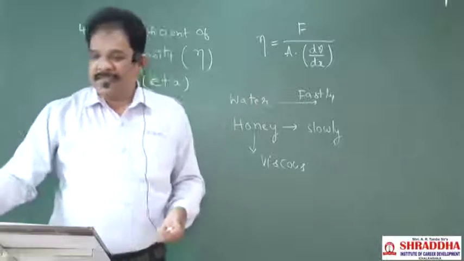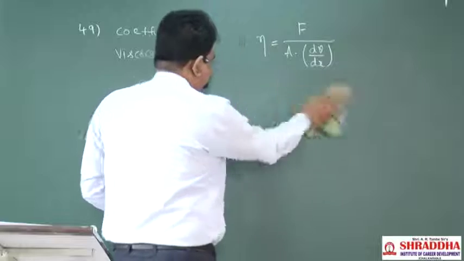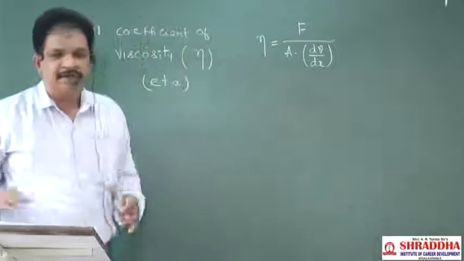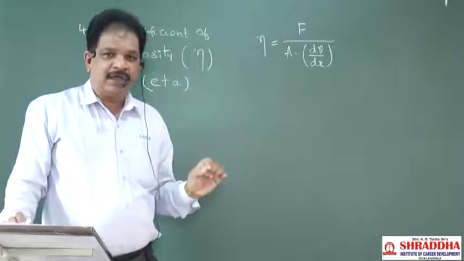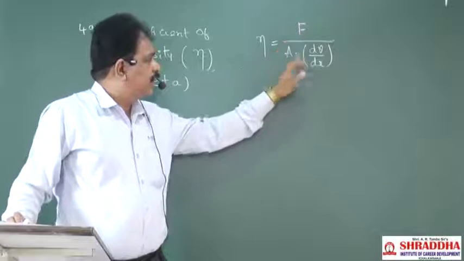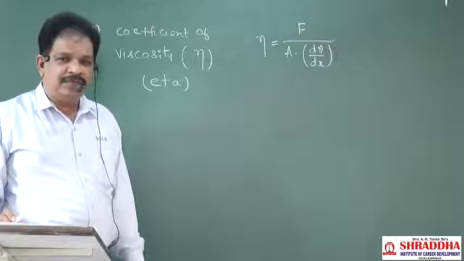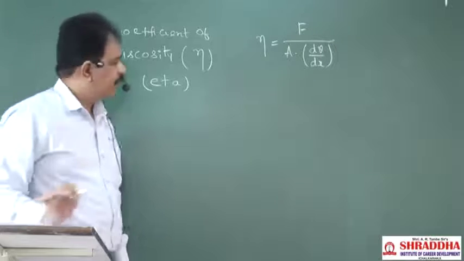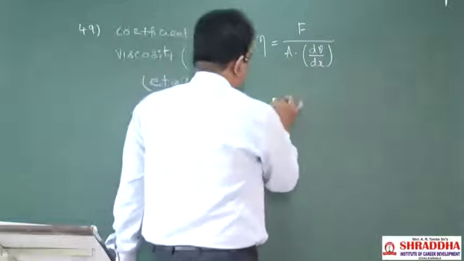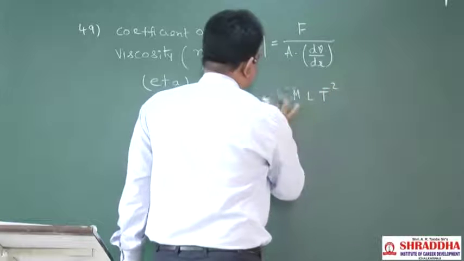Then how much viscosity it is having, a measure of that viscosity will be called the coefficient of viscosity. Coefficient of viscosity formula: F by A into dV by dx. Here the F dimensional formula is M L T power minus 2.